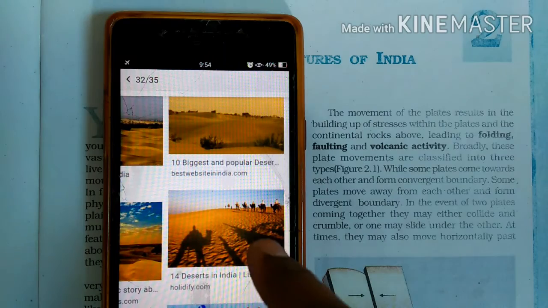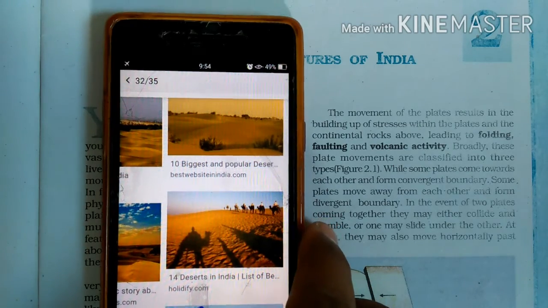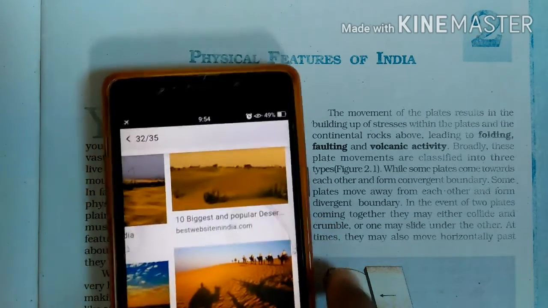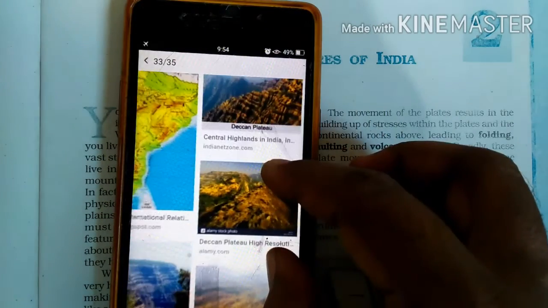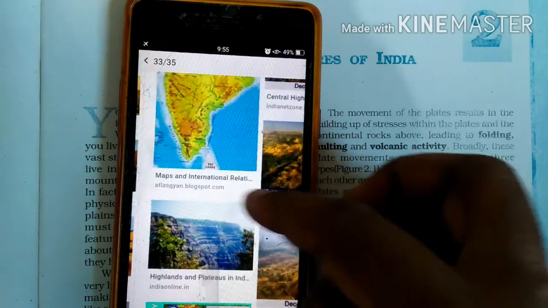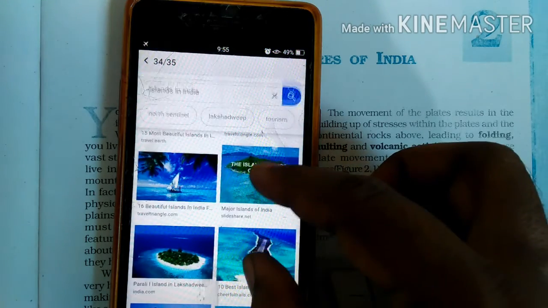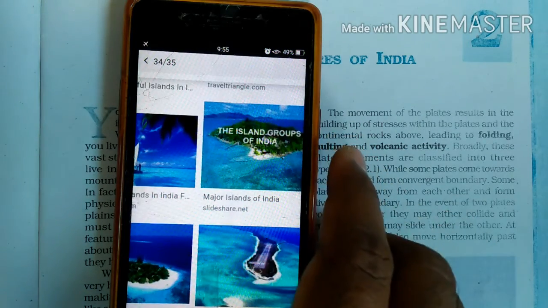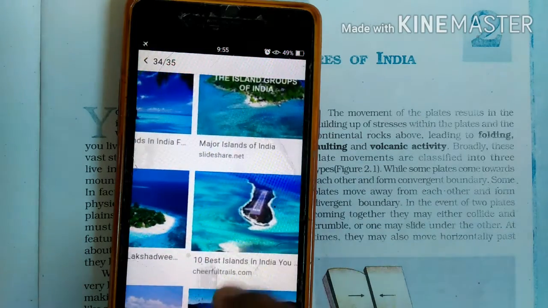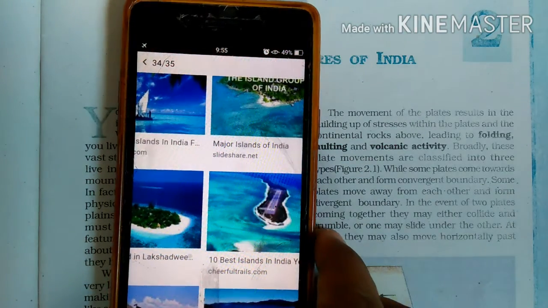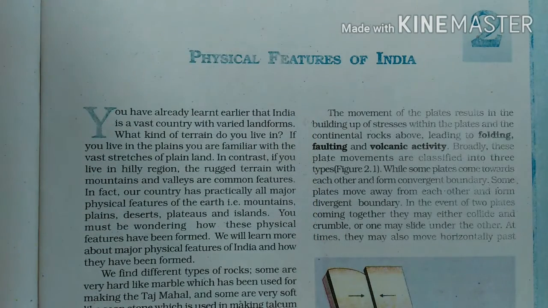You can see it from any side. Then next is the plateau area. See here. Now here we can see some islands in India. I think you have understood.